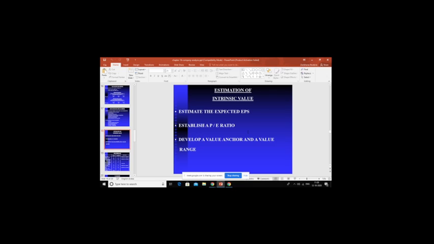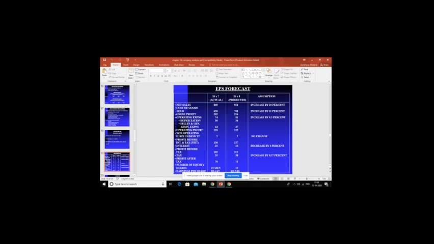Okay, so you can estimate the expected EPS, PE ratio, then develop a value anchor and value range. You can develop a standard or a particular range in which, maybe, this is the prediction, so in that particular range it may fall in future. So this is about your EPS forecast.